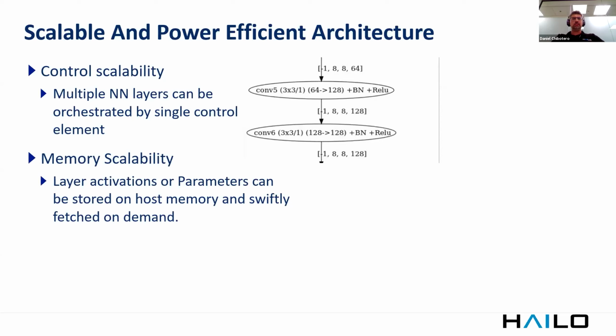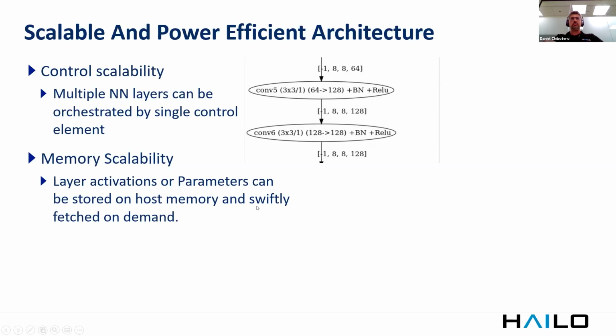The second is in the domain of scalability. And here we offer both control scalability and memory scalability, because one of the key drawbacks of data flow architecture is depletion of the resources that are already deployed in silicon. So let's have a look at control scalability.